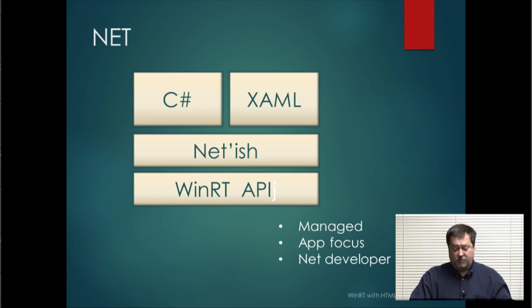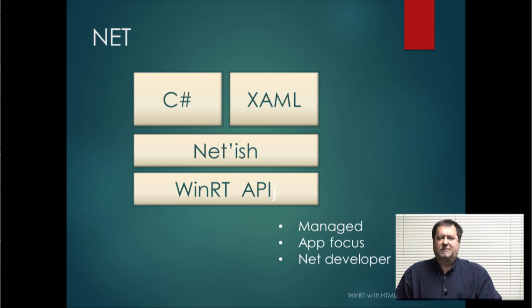We obviously have the .NET runtime, and over WinRT, if you notice, C++ is straight on the WinRT API. We have an adapter. We have a .NET-ish kind of thing. And the reason I'm saying .NET-ish is they've changed a little bit of the assemblies and things you go to. But pretty much you're programming C# the way you're used to with an API that is very similar but not quite the same.